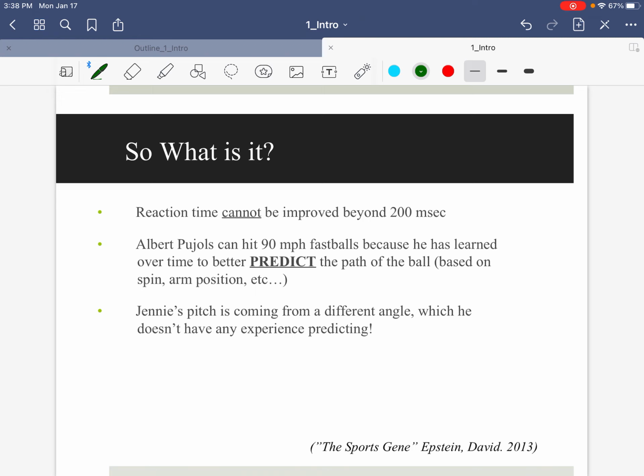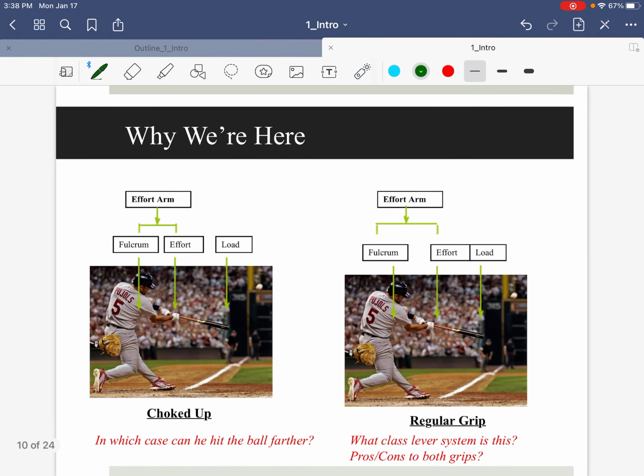He's seen so many baseball pitches coming overhead, coming at a certain angle, released with a certain spin. Well, Jenny's pitch is coming from a different angle, different ball, different spin, so he doesn't have any experience predicting it. That's the answer. I know.